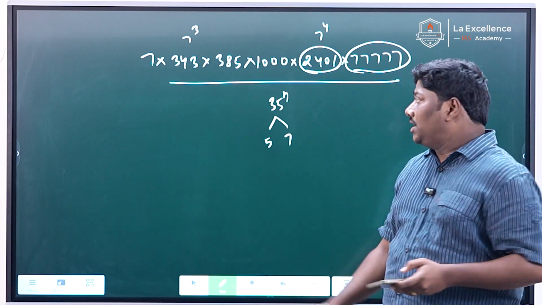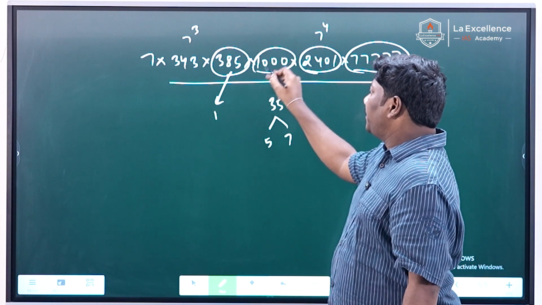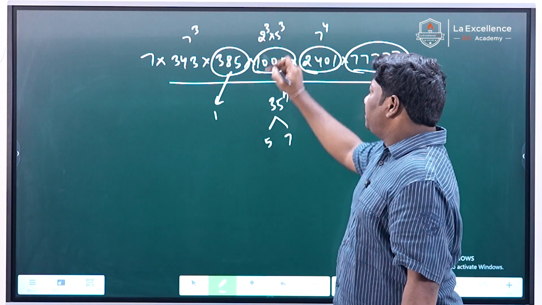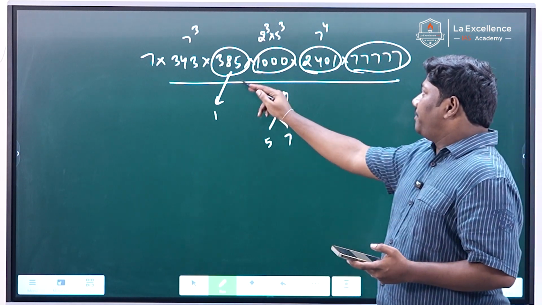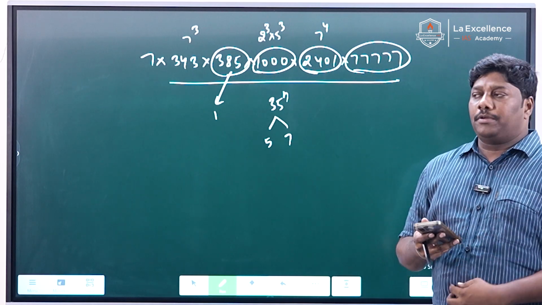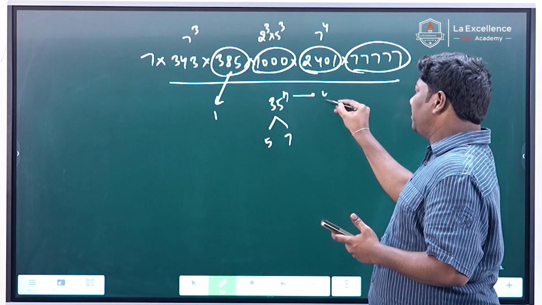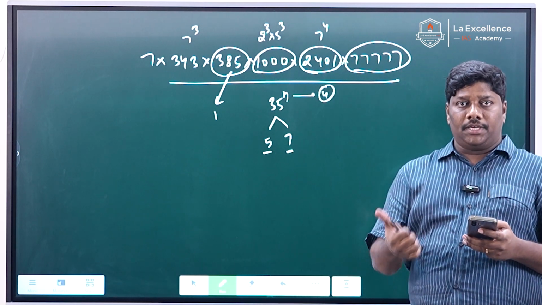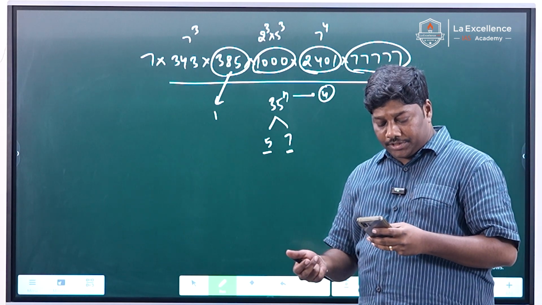There is one 5 in this, and 1000 means 2 cube into 5 cube, so there are 3 5s. Overall you have 4 5s, so the maximum value of n is 4. So you need to see the minimum of these two: whether the number of 5s or the number of 7s is less. These kinds of questions I have given.